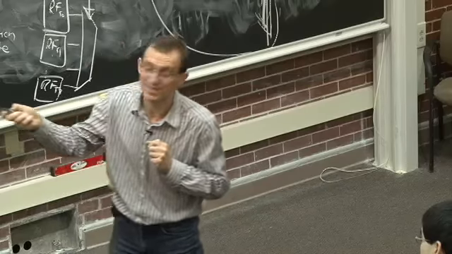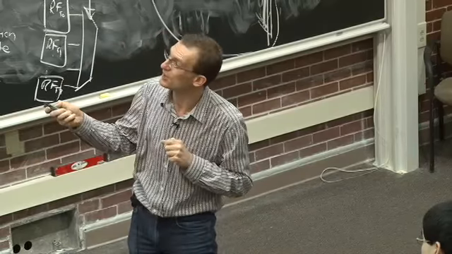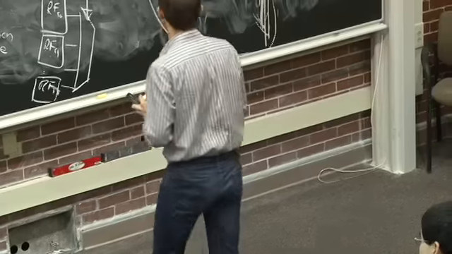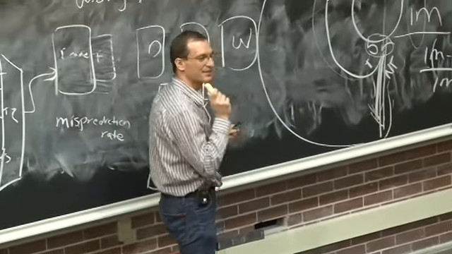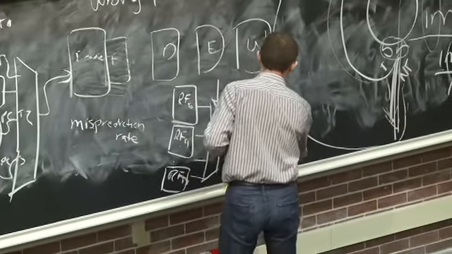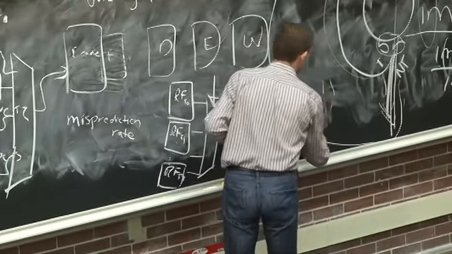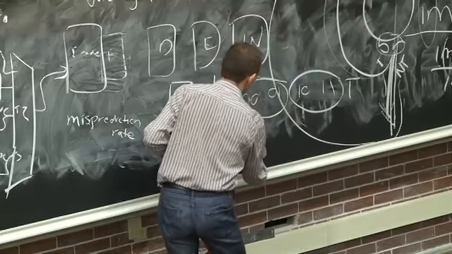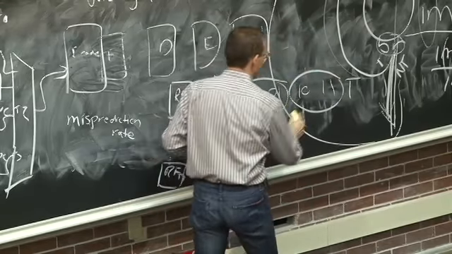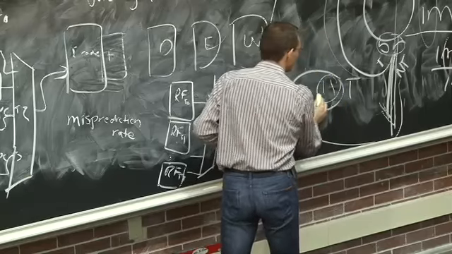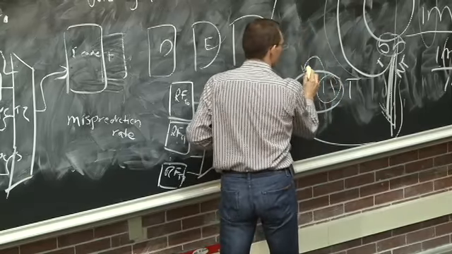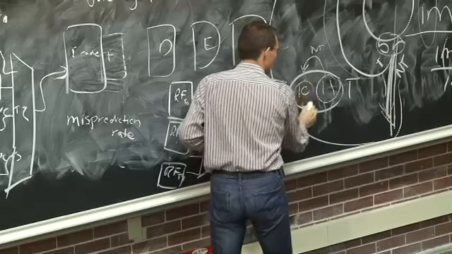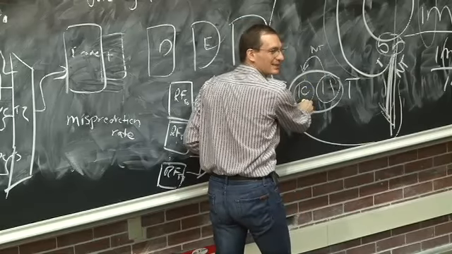Basically, we use 2 bits to track the history of prediction for a branch instead of a single bit. So if you have 2 bits, then you have 4 states, right? 00, 01, 10, 11. And you can say these are the taken states and these are the not taken states. Let's say you start from here. The first time you see the branch to be not taken, you move to the weakly taken state, if you will.